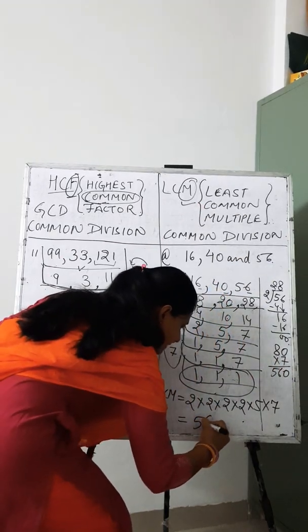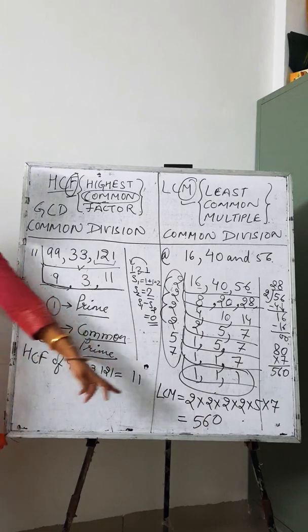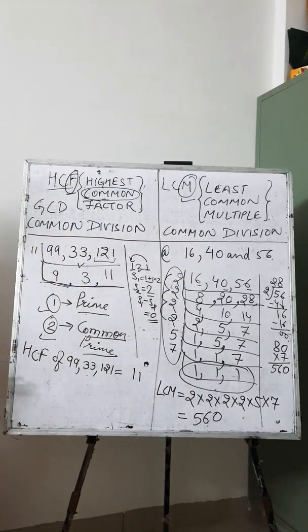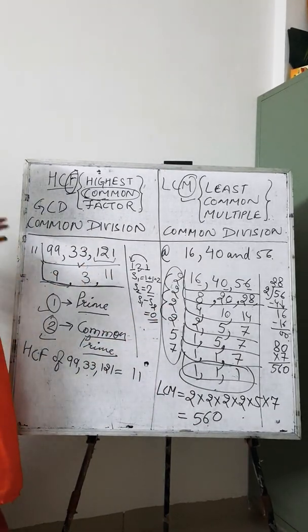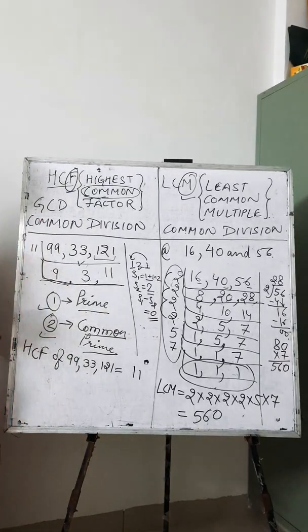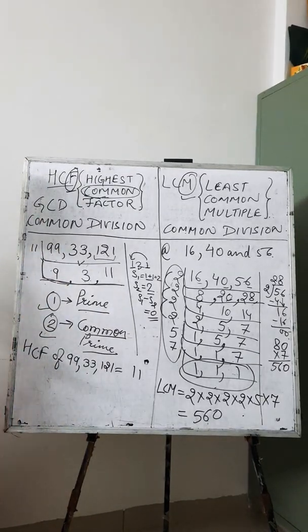So 560 will be your LCM. You can pause my video and you can copy down whatever I have done.